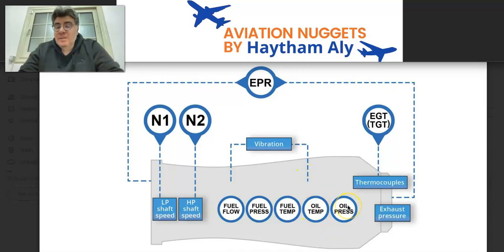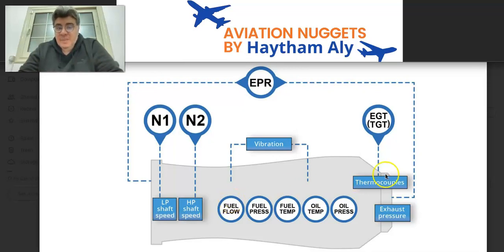Also, for each engine, we may have indication for fuel temperature, fuel pressure, and fuel flow, the fuel flow meter. And also fuel used for engine 1, engine 2, and for both engines.